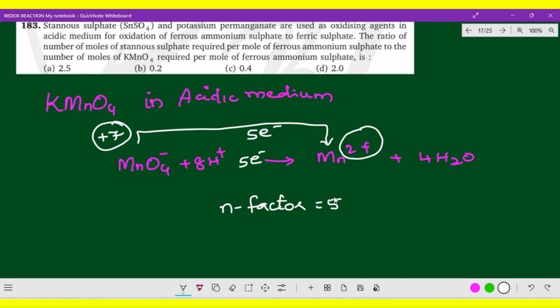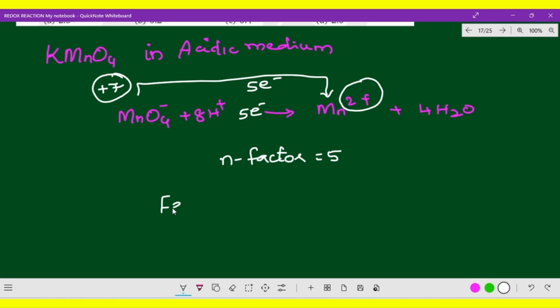Now the next one, ferrous converted to ferric: Fe2 plus converted to Fe3 plus.